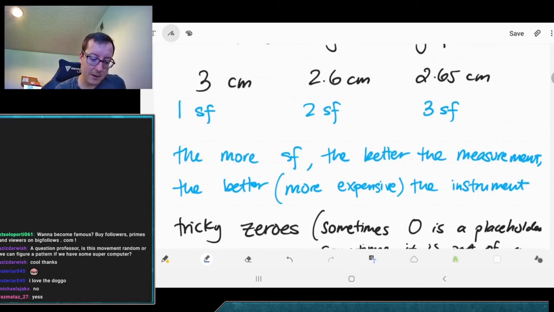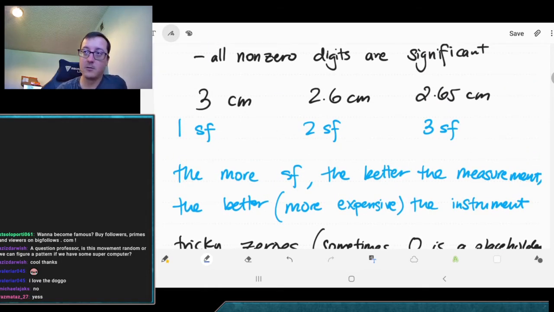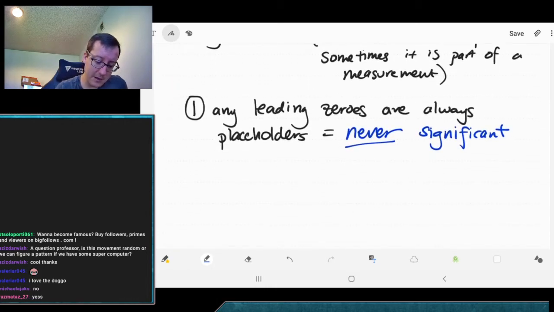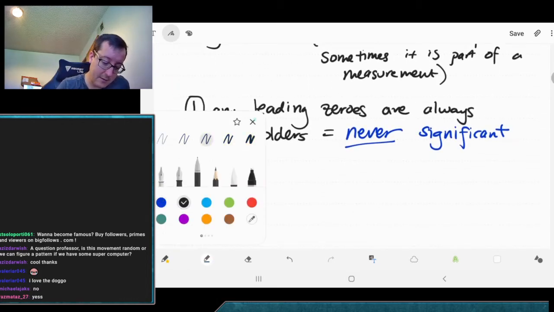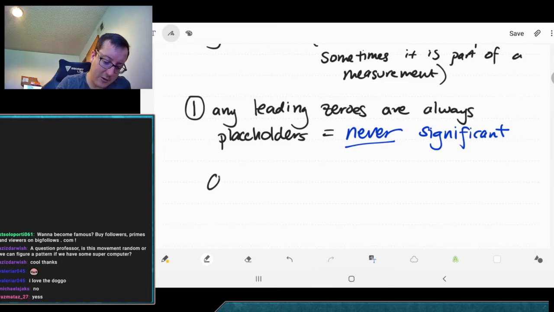We'll talk about what a leading zero is in just a second. If I really wanted to, I could say, oh yes, this measurement is actually 003 centimeters. Don't I sound fancy? But who cares? Nobody starts a number with 0 like that, right? Unless you're James Bond, I suppose.